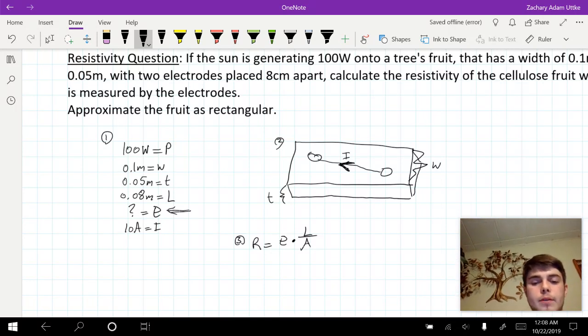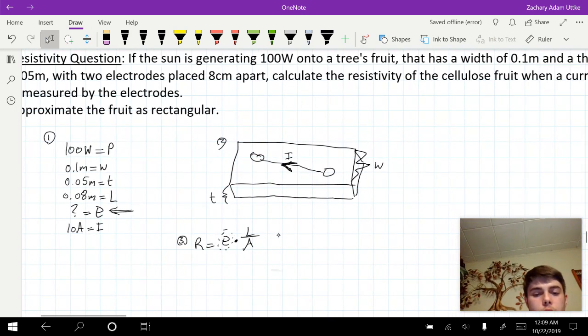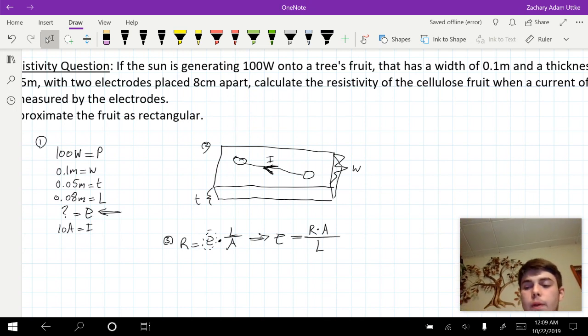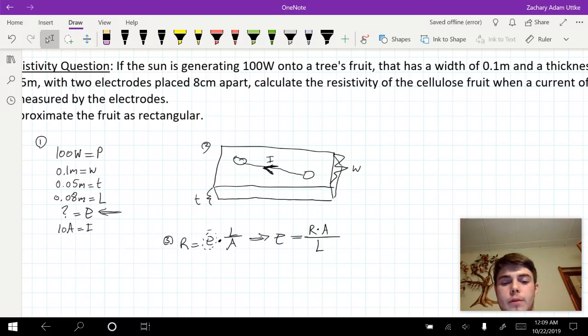Okay, so we have rho in this equation, so we can rearrange this to find rho. So resistivity equals resistance times area divided by length. Okay, so we could use this equation to solve for resistivity.